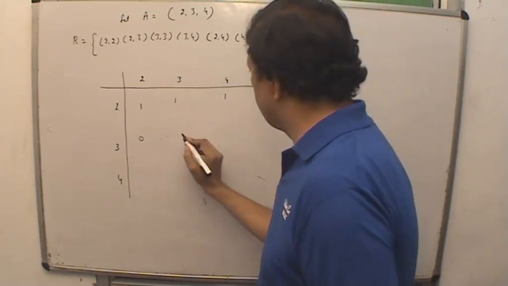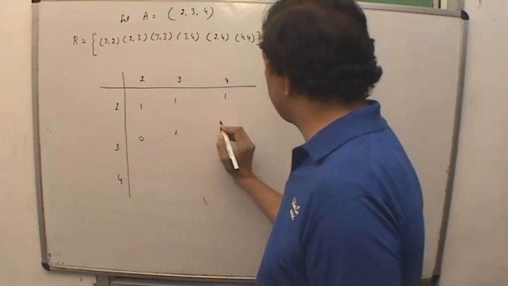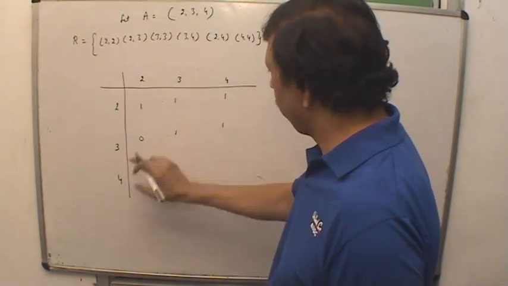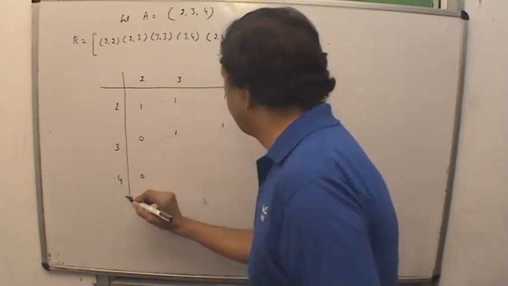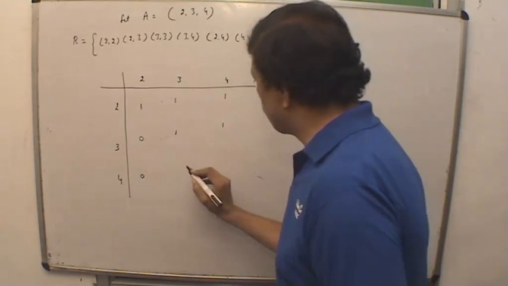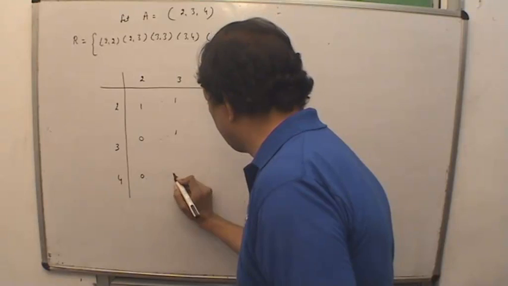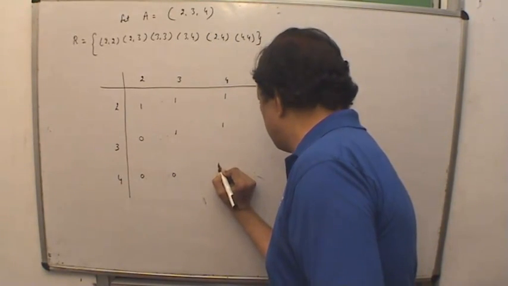(3, 3), we write 1. (3, 4), we write 1. Then (4, 2), not present, it is 0. (4, 3), not present, it is 0. (4, 4), it is present, it is 1.